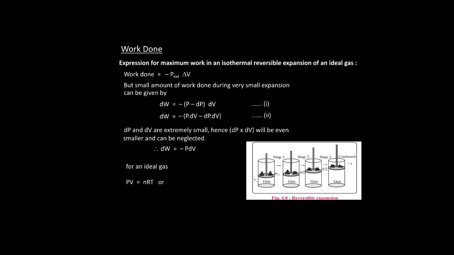Let this be equation number 3. For an ideal gas, as we know, PV is equal to nRT or P is equal to nRT upon V. Substituting this value of P in equation number 3, we get dW is equal to minus nRT upon V dV.